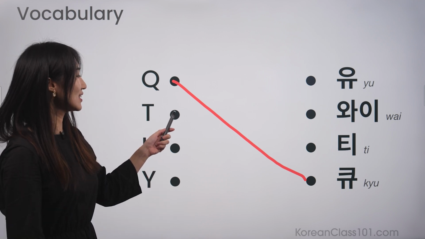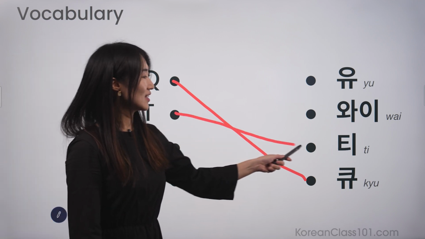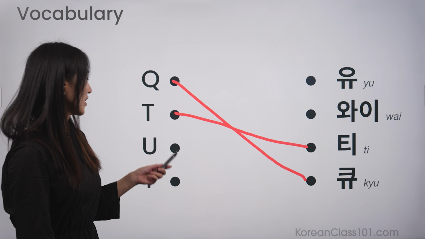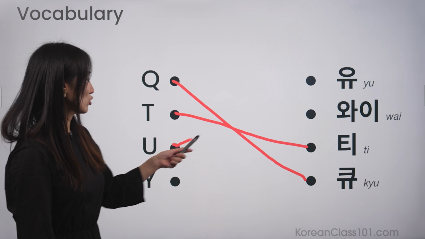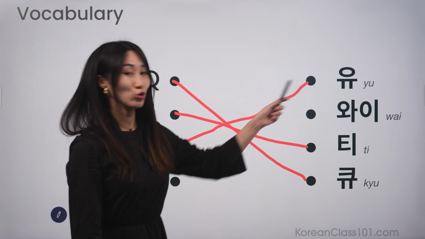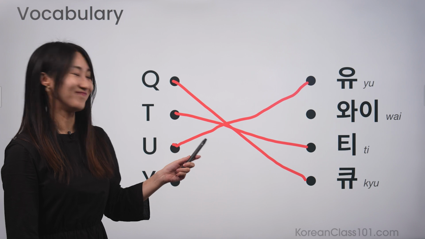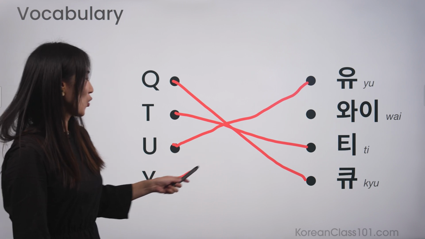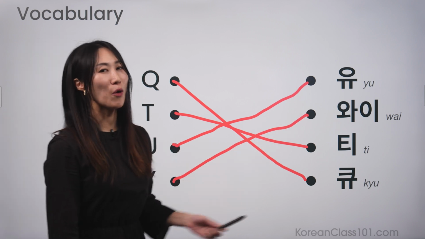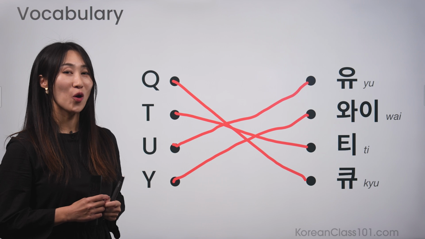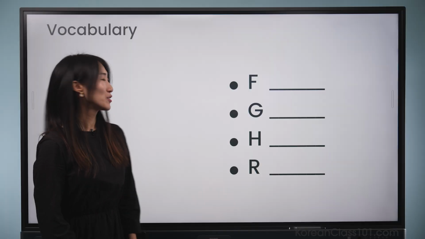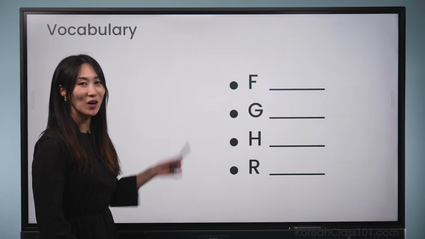Next is T. And this is U. And this is Y. It's not Y, but it's Y. Yes. So how about these alphabet?